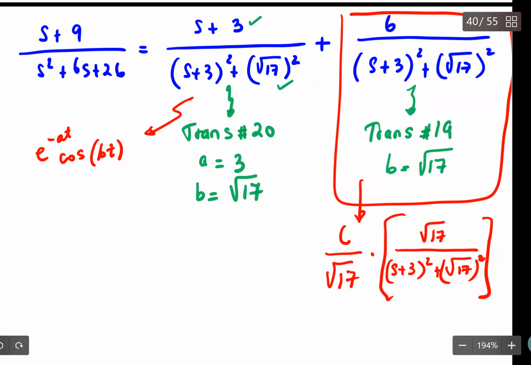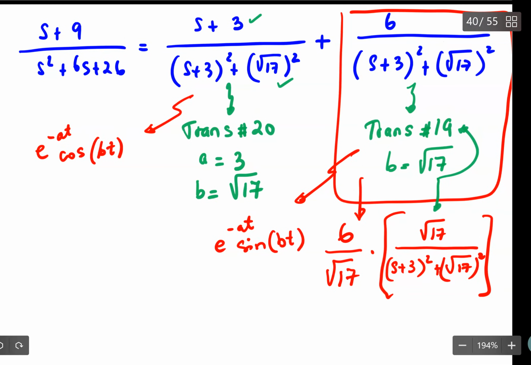Okay, you can pull the 6 and write it outside the bracket. So this one now, exact match of my transform number 19. So transform number 19 tells me that I need to write e to the negative at times sine of b times t as the argument.